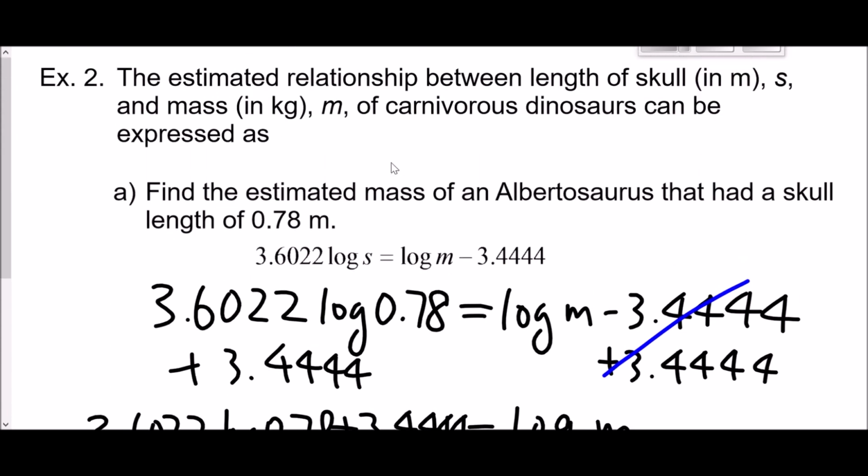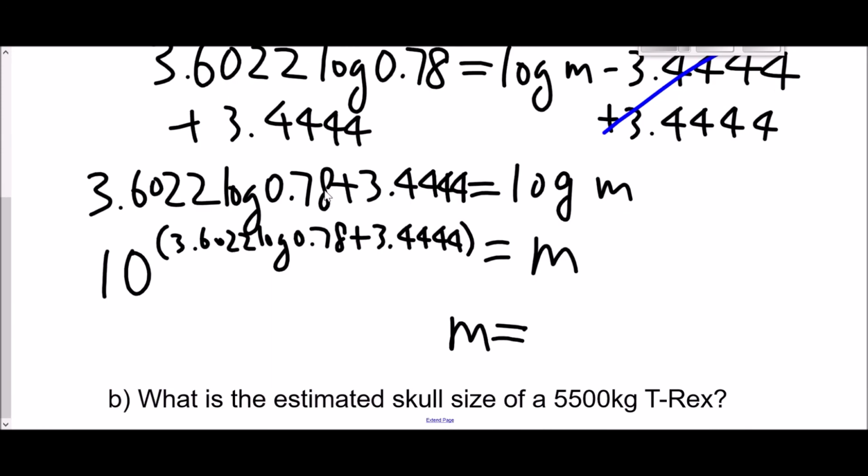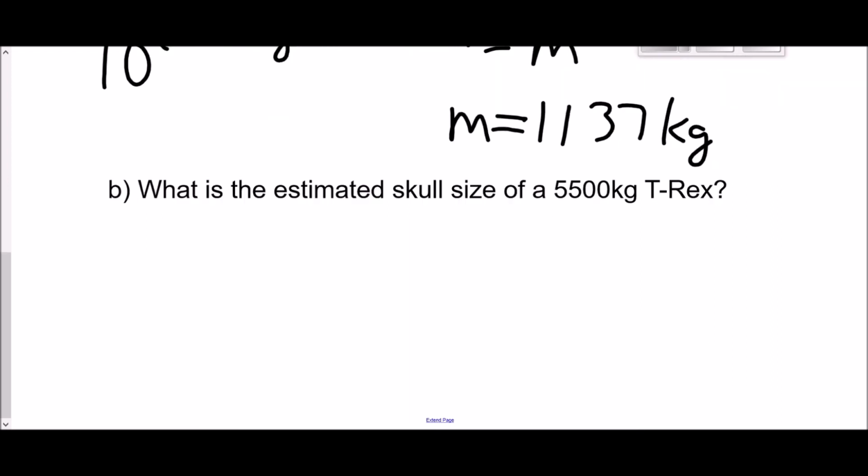So that means in this case, you can, if you want, round it to your nearest whole number. So that gives you 1,137. What's the mass? In kilograms. All right.